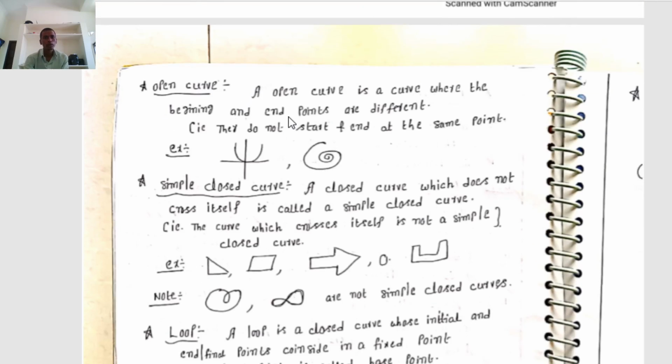Next, open curve. An open curve is a curve where the beginning and ending points are different.